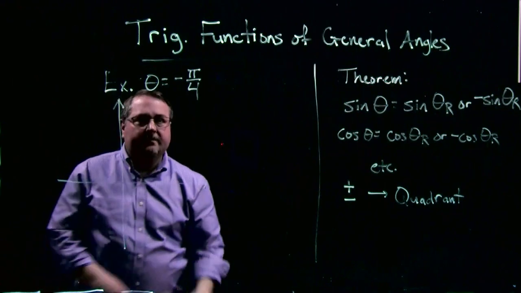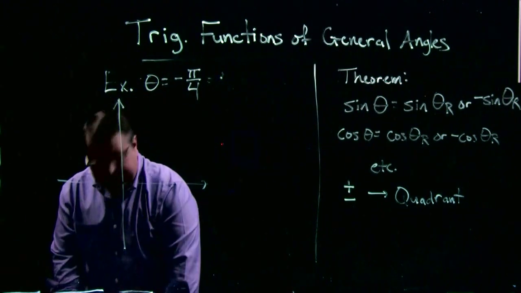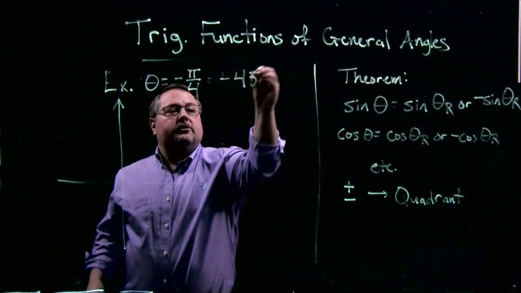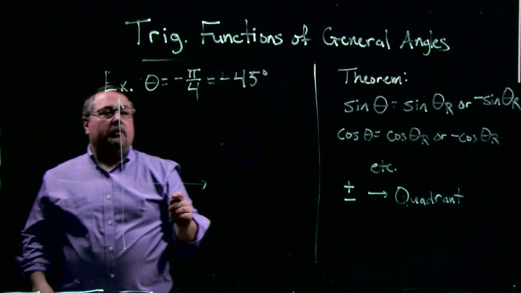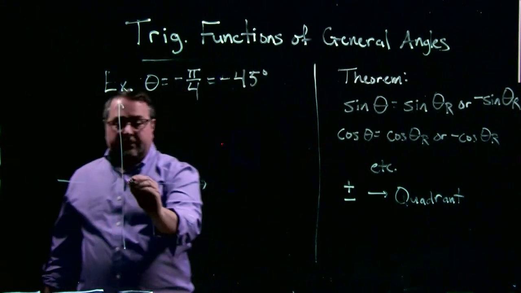Okay, so that's going to be a 45. I'll write this as negative 45 degrees as well, if you're more comfortable with degree measure. Okay, so this is going to be a 1/8 turn clockwise.